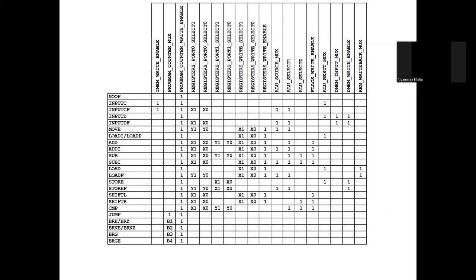You need to know some more information. If I tell you that you need to add some values, you need to know which registers you want to add from, right? So that is specified by these x1, x0, y1, y0 variables by the user.